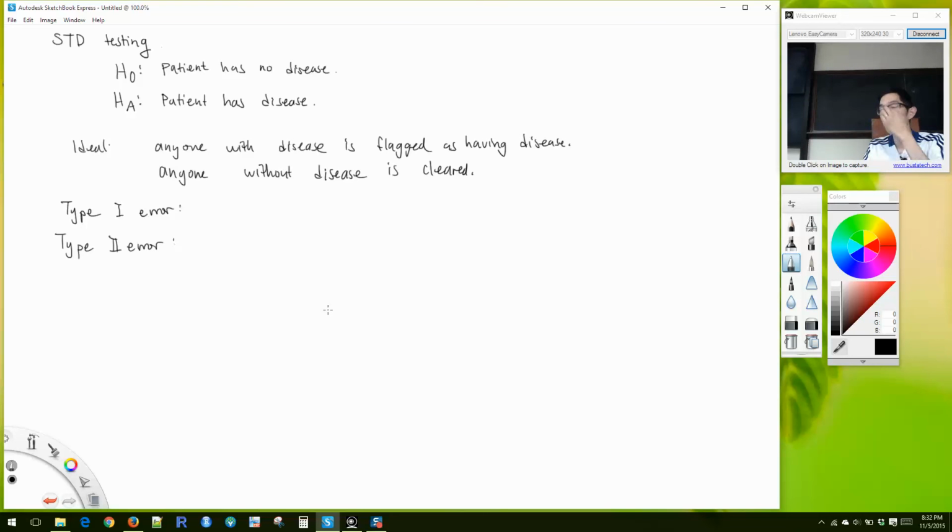Type 1 would be saying they have a disease, but they actually do not, right? Yes, type 1 error would be a false positive, basically. This would be the test says disease, but in reality, patient has no disease.